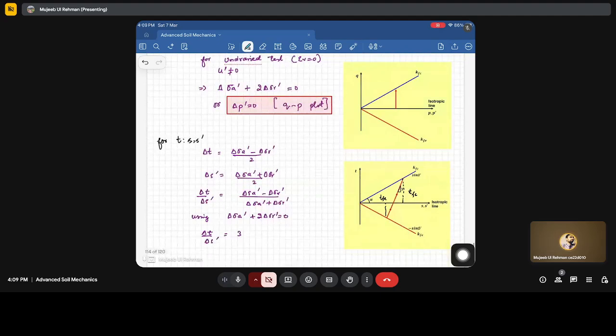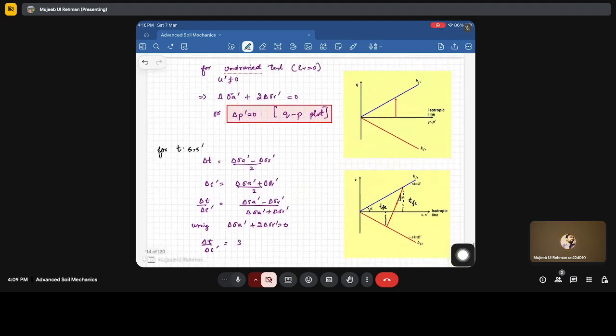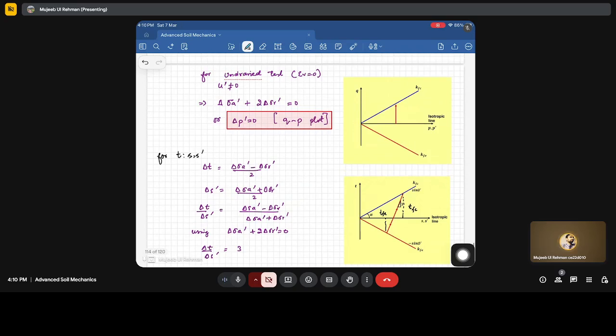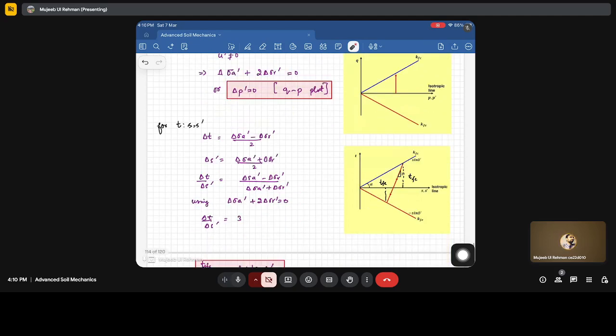Now, how does it look in the TS plot? Delta t is equal to delta sigma a minus delta sigma r divided by 2, and delta s is equal to delta sigma a plus delta sigma r divided by 2. So the slope is delta t by delta s. Then we will use the relation delta sigma a is equal to minus 2 times delta sigma r dash. We will get the slope of the line in the TS plot as 3.